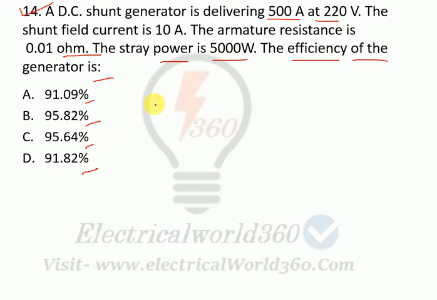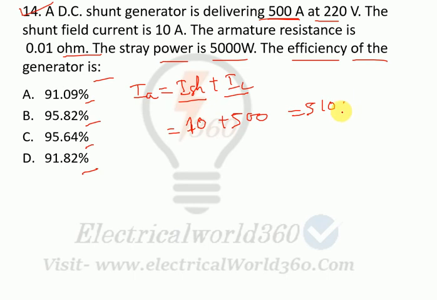In this case, we can write the equation this way. Armature current is equal to Ish plus IL. Here Ish, the shunt field current, is 10 ampere, plus the load current the shunt generator is delivering, 500 ampere. So total will be 510 ampere.